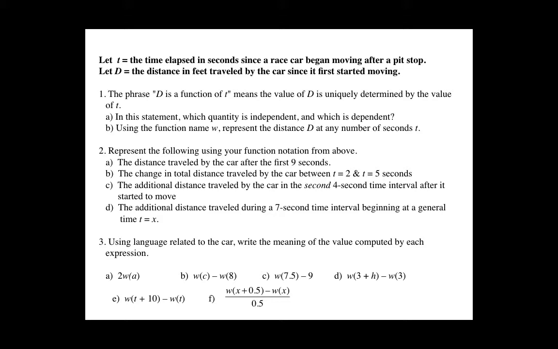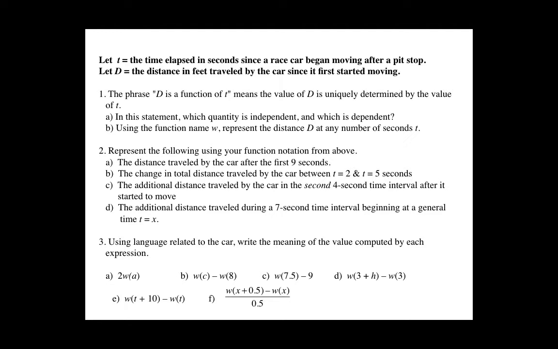So the first one says 2W of A. B, the second one, says W of C minus W of 8. Part C says W of 7.5 minus the number 9. Part D says W of 3 plus H minus W of 3.